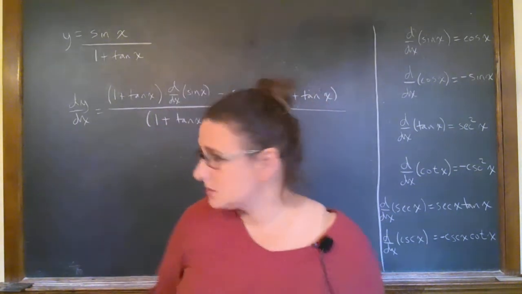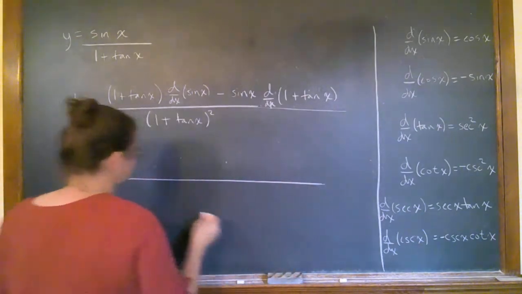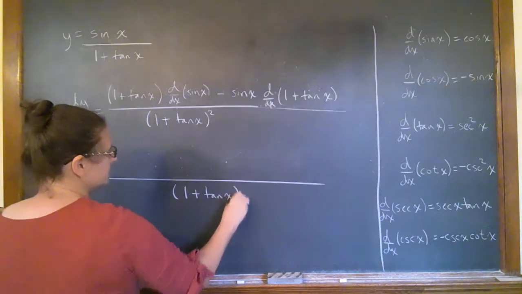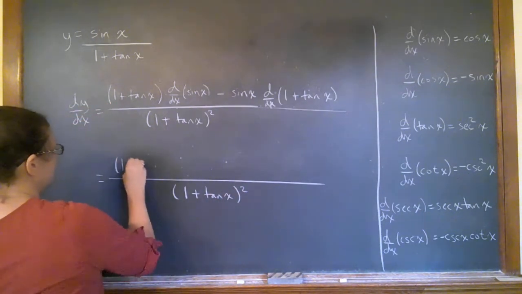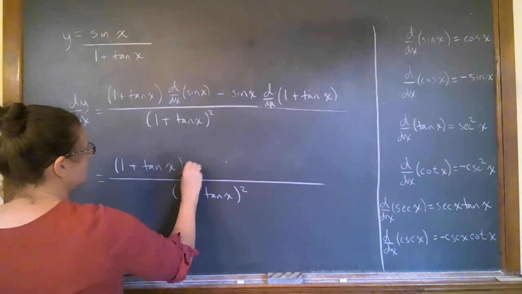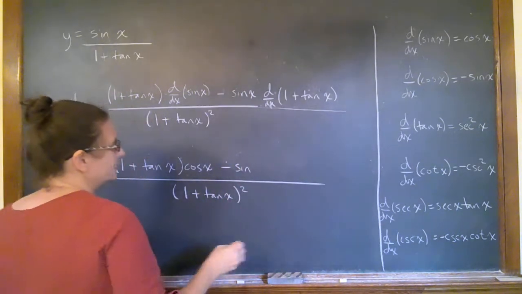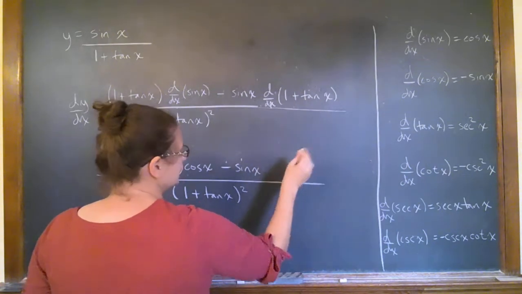Okay, so what do we have here? 1 plus tangent of x quantity squared, and then I have 1 plus tangent, okay, derivative of sine is cosine, and then derivative of 1 is just 0, but derivative of tangent is secant squared.